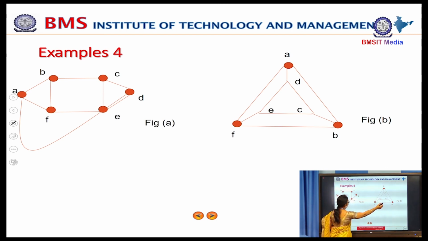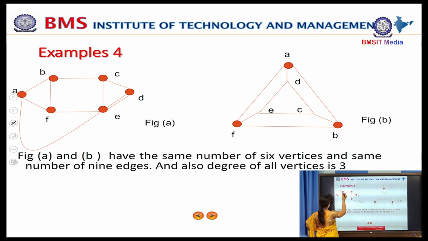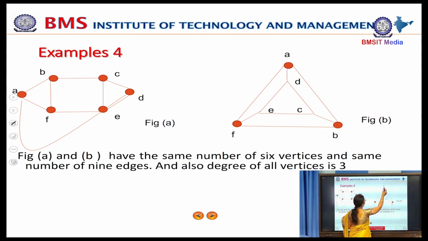Here also we have 6 vertices, 3 plus 3, D, C, E. And the number of edges in figure A is equal to the number of edges in figure B. If we consider the degree sequence, A is having 3, B is having 3, F is having 3, C is having 3, and here E is having 3 and D is having 3. Here also you can make out all the vertices are having degree 3.